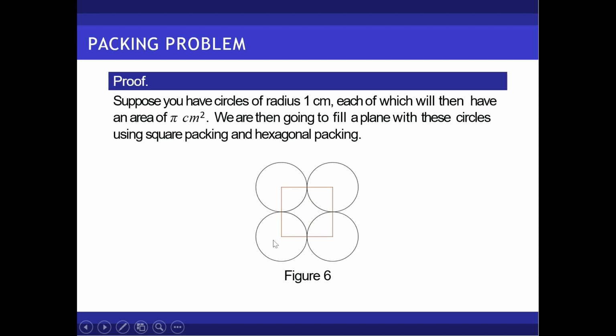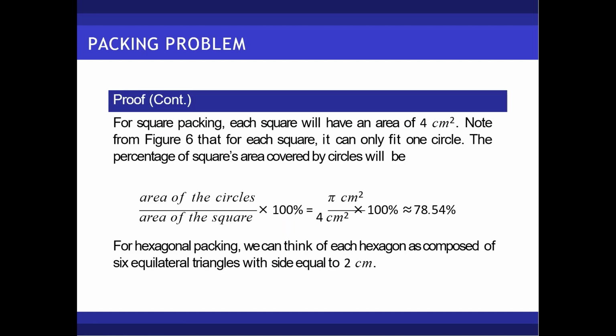So we have here a square covering the two radii of the circles. So the side of the square is 2 centimeters. For square packing, each square will have an area of 4 square centimeters.